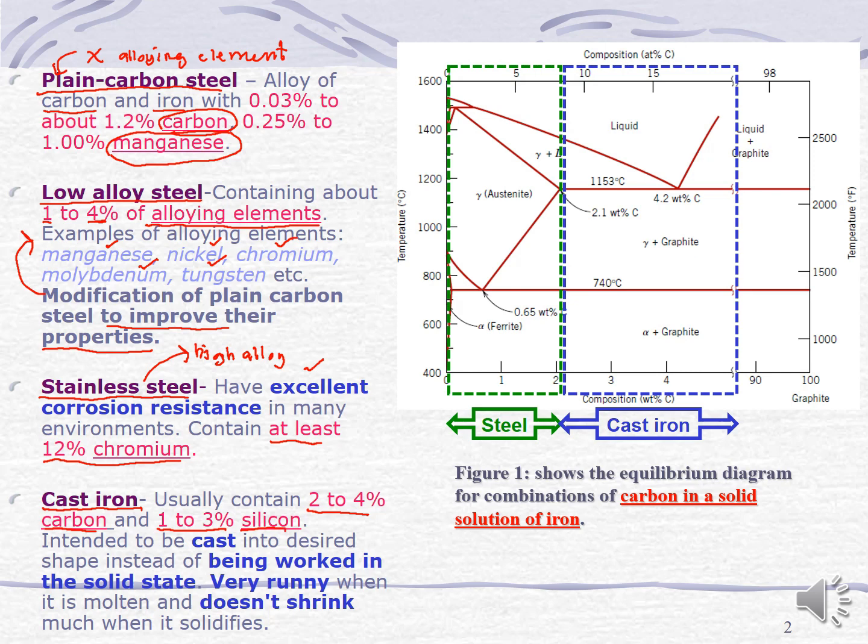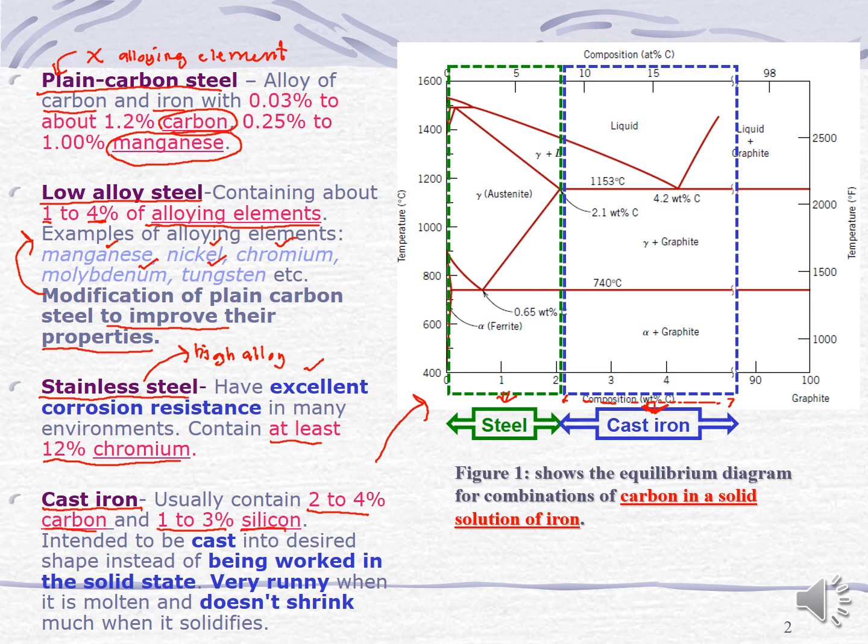If you look at the iron carbon phase diagram here, you can see that more than 2% of carbon up to 4.5% of carbon belongs to the cast iron group. Less than 2% of carbon, it is steel.